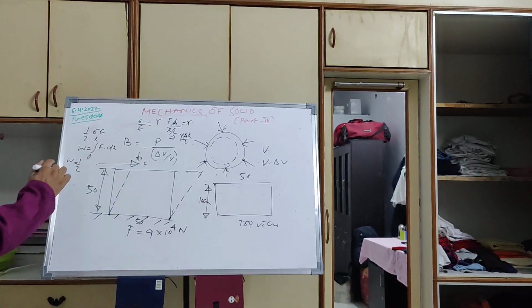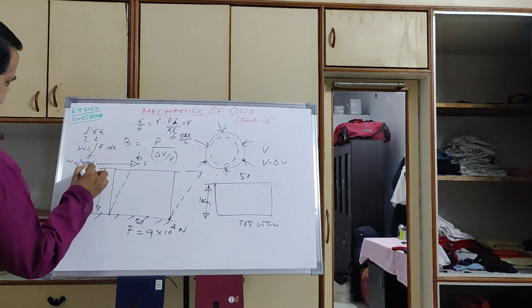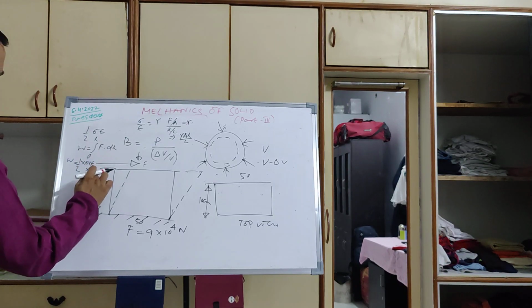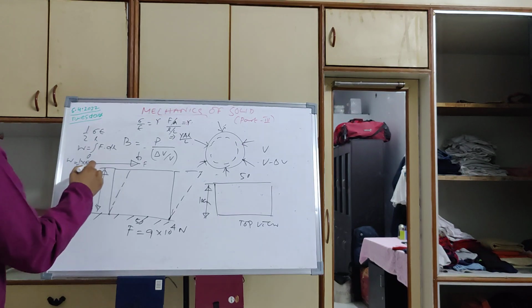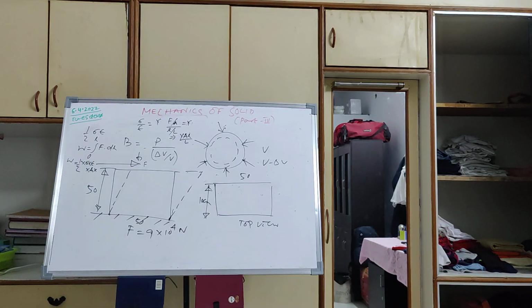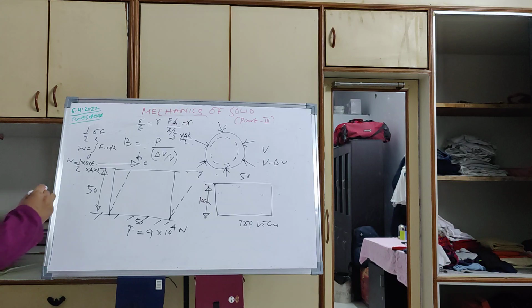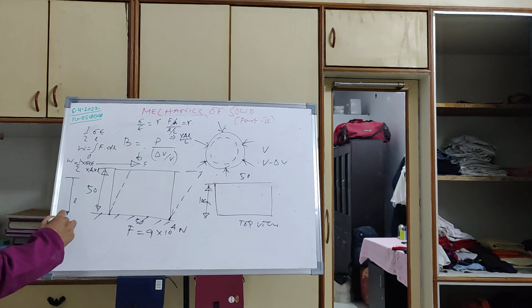Once you simplify, you will get stress into strain into A into L. So A into L is the volume. One is L, the other is delta L. This is your wire of length L, and you are trying to extend it.